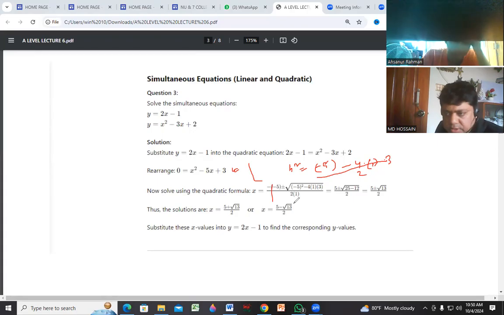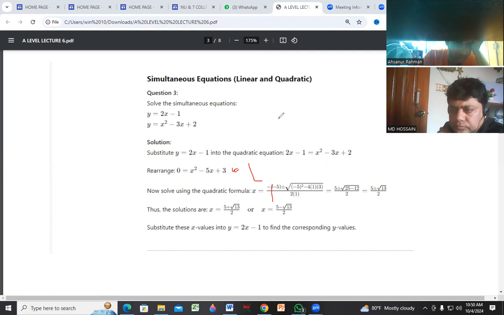Firstly, you should understand this one. Can you understand this line?